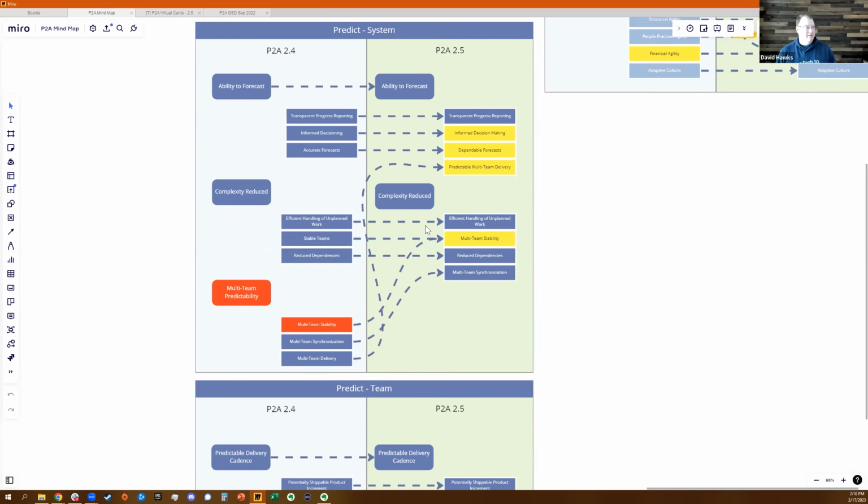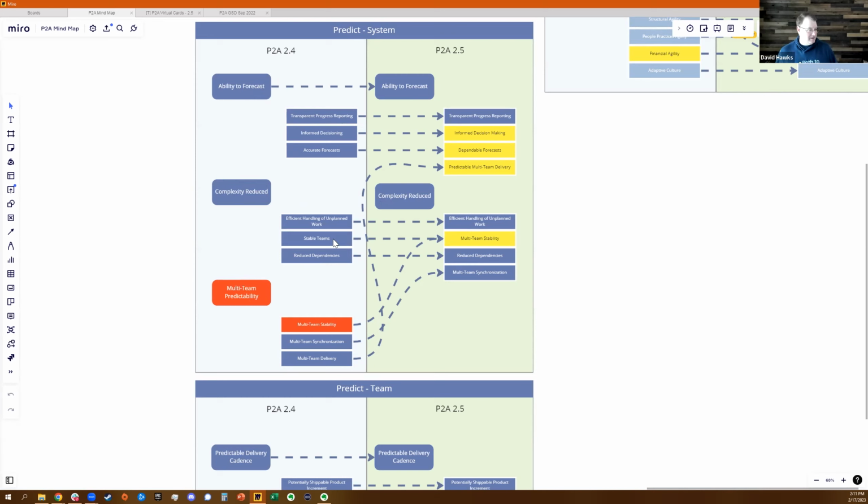We hadn't given Predict System and Team much love in a while, so we put some energy into that. At a high level, in P2A 2.4 we had three agile outcomes at Predict and System. That has now been reduced to two. So we simplified that a little bit.